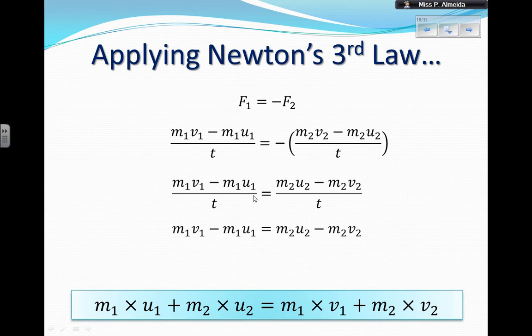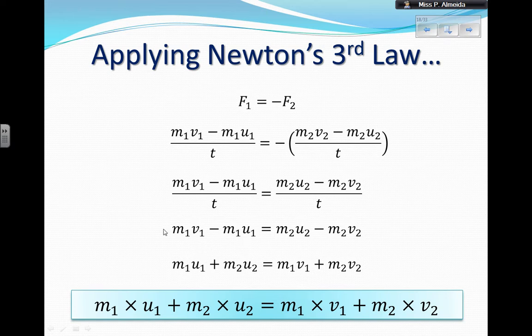So then I take the t's away and I get m1 v1 minus m1 u1 equals m2 u2 minus m2 v2. And I'm going to shuffle the things around again because I want all positives, okay? So I'm going to move this one away, and I'm going to move this one away. And that way, not only do I shuffle the positives, I get all the types of velocities on the same side of the equation. So if I shuffle them away and multiply by minus 1, I get m1 u1.